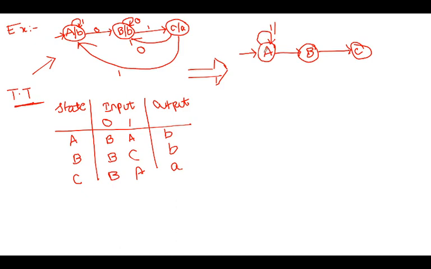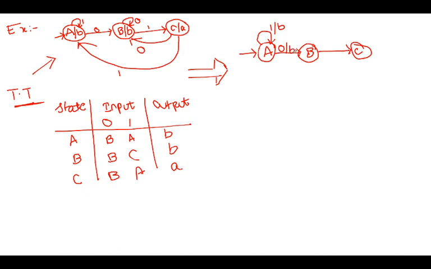If A takes the input 1 and goes to A only, then we write the A state output along with the input symbol. Here B is the output symbol, so we write it here. Now A on taking the input 0 goes to B, and B produces the output small b, so we write b here.